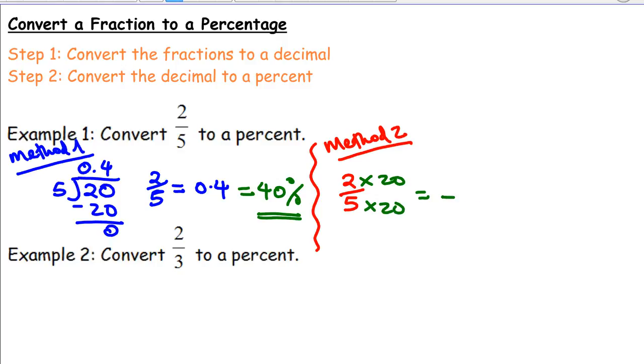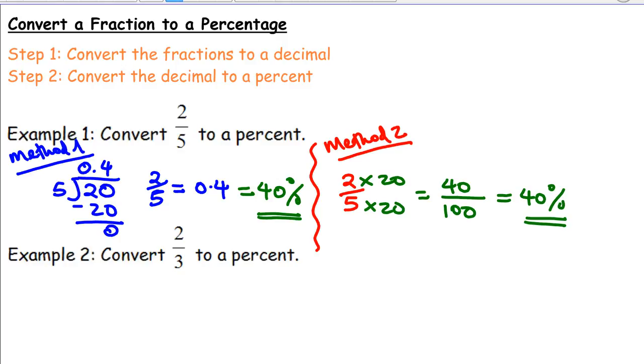Why? Because we know that 5 multiplied by 20 is 100, which gives us the numerator of 40. And because from the definition, a percentage means per 100, that means that 40 over 100 is equivalent to 40%. So you can use either method 1 or method 2 depending on the question that you're given.